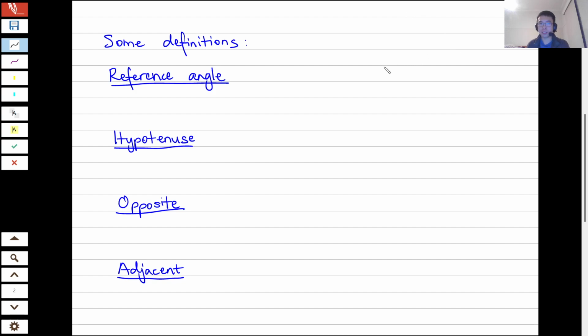In trigonometry, at this stage, we are still just dealing with right-angled triangles. And what we're going to do is introduce some notation. The first thing I'm going to discuss is the angle, or the reference angle, depending on which text you are reading.